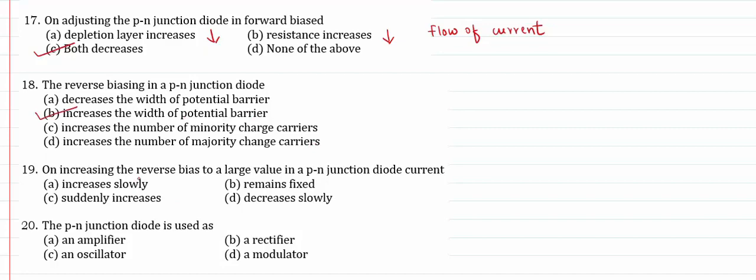19th. On increasing the reverse bias to a large value in PN junction diode current. So if you take the graph of forward bias and reverse bias, here V, here current in microampere, so you will be having graph in this form.